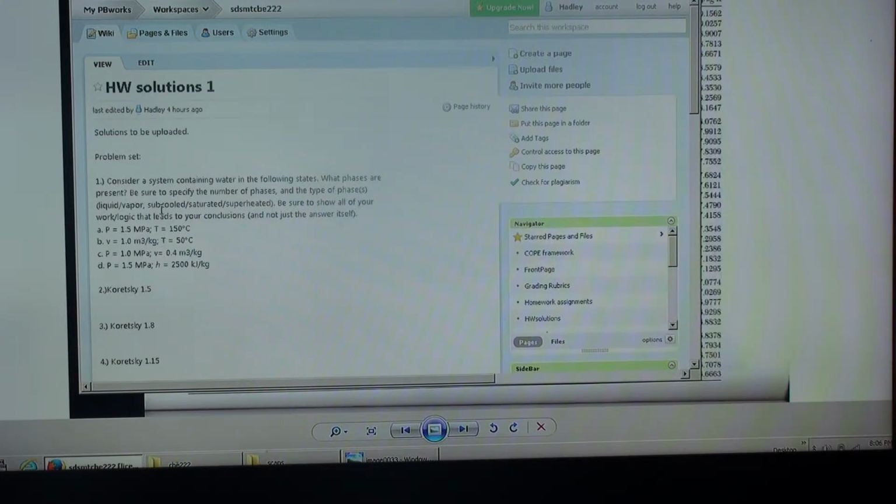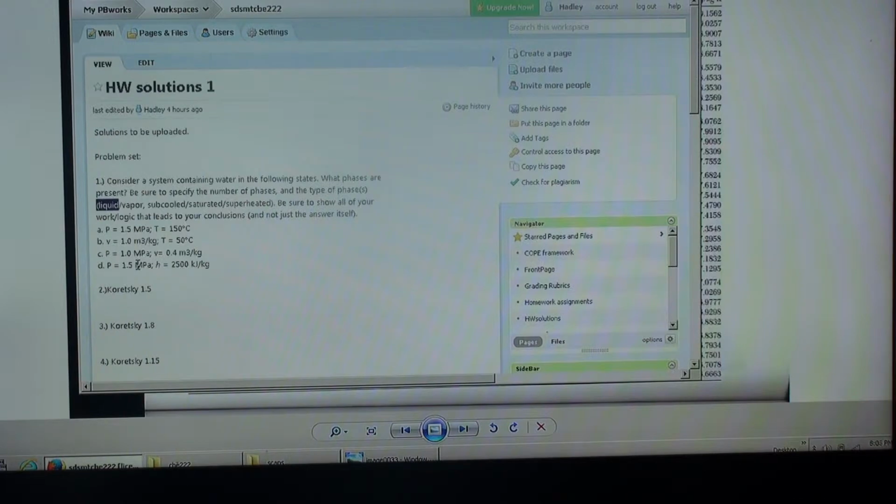So this is a subcooled liquid. The logic behind that is, at 150 degrees Celsius, the vapor pressure is about 0.5 megapascals. Because we're above that, I'm at a higher pressure than a saturated system, and a higher pressure than a saturated system equates to a subcooled liquid. That's pretty much what we want to do with all of these.